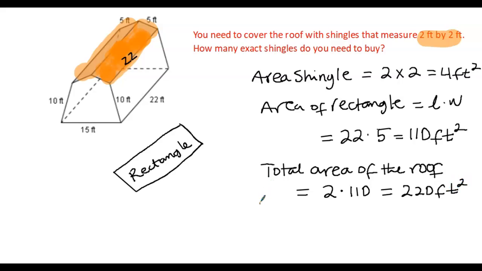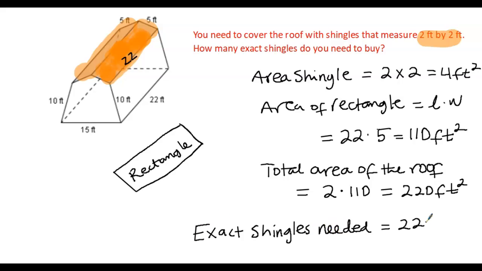And therefore, for the number of shingles, the exact shingles needed is going to be the total area that we need divided by the size of the shingle, which is 4, and that gives us 55. So we need exactly 55 shingles to roof this roof.